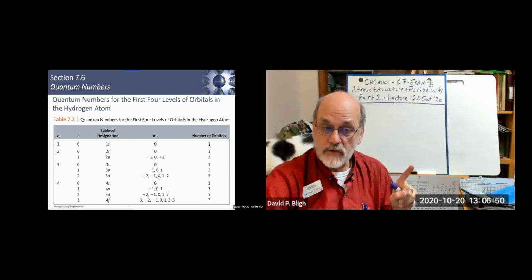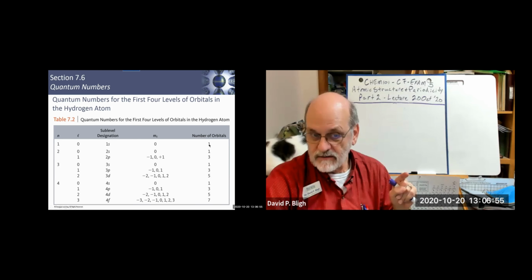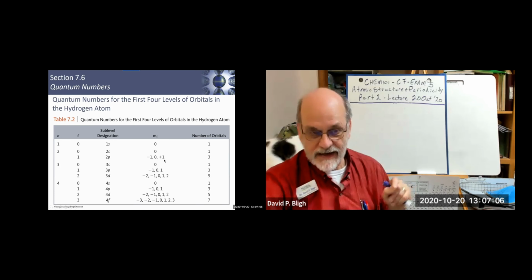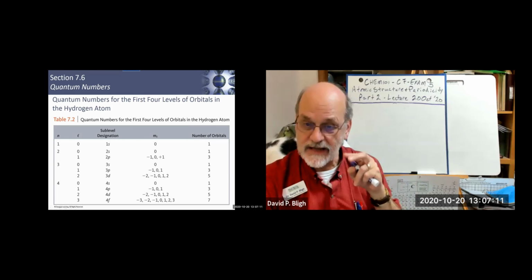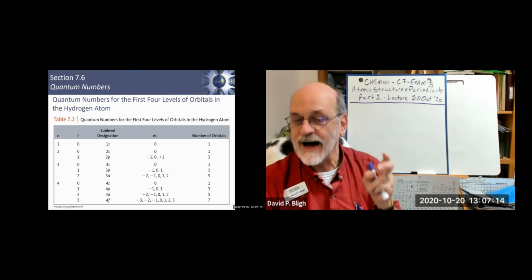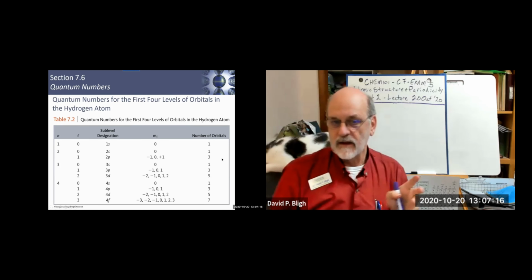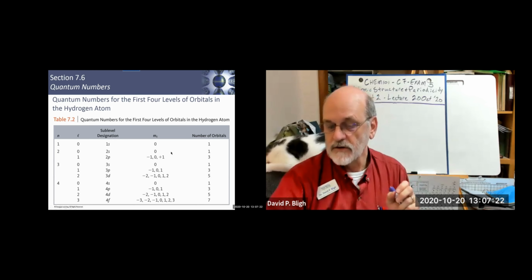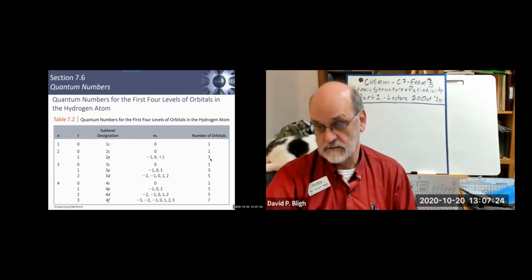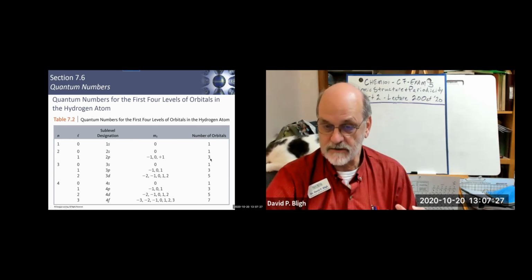But if you have n equals 2, then you could have 2 L's, and you could have 1 m sub L at the 0 L and 3 at the 1 value of L. So that means you have 1, 3. So if we have an atom that occupies the first two energy levels, you can have a total of 4 possible orbitals. And remember, after you get to m sub L, you can have 2 electrons in each one. So once you get to 5, you can have 10 electrons at that position.